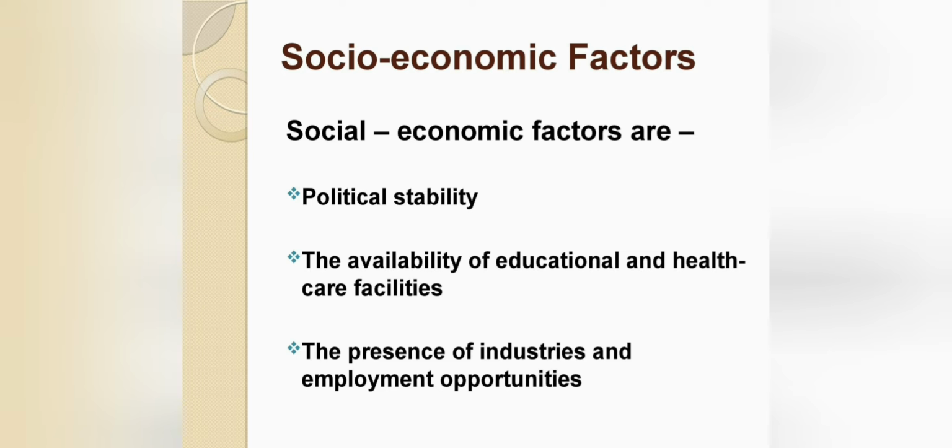Okay, so people migrate to those particular places where livelihood is possible, where the employment opportunities are there, and that is available when the industries are there, when the job possibilities are there. Okay, so these are some socio-economic factors which are also responsible for the distribution of population.